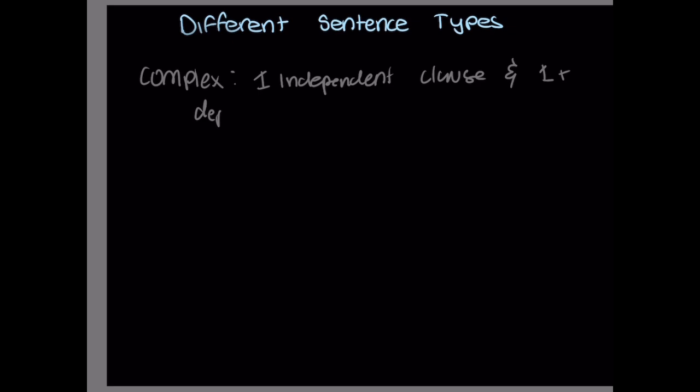Okay, so now we can put the sentence together and we can say, because the dog was hungry, the dog barked. You might be asking, wait, didn't we make the same sentence earlier when we were doing independent versus dependent clauses? Yes, because now we have one independent and one dependent.